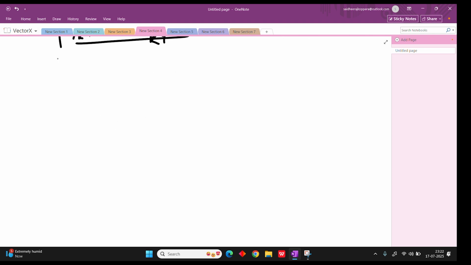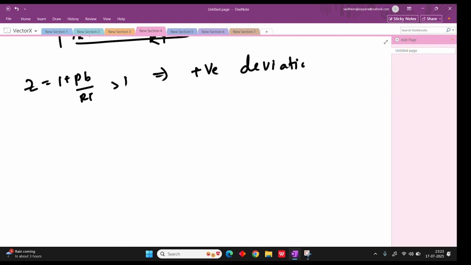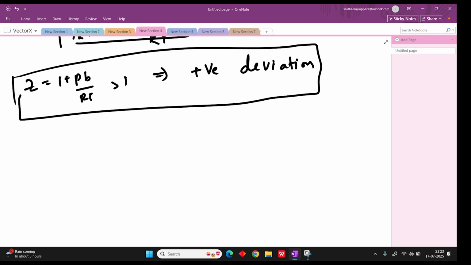In both of these, you can observe one thing: if your repulsive forces dominate, then your a value is neglected and your Z value is 1 plus Pb by RT, which is always greater than 1. That means it only shows positive deviation. And this one is always less than 1, negative deviation.